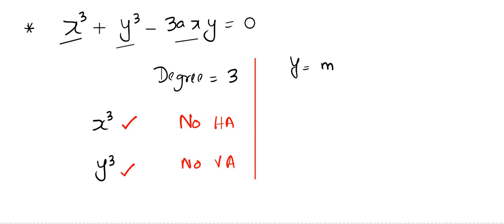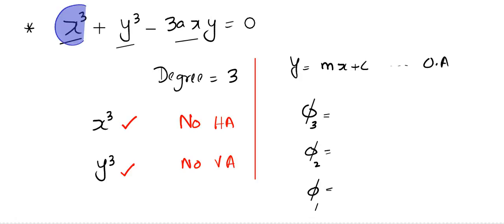So let's go for it. Let y equal to mx plus c be an oblique asymptote. Now look at this. What are we going to find? Phi 3, phi 2, phi 1. Phi 3 means, I'll circle it for you, degree 3, degree 3, degree 2, so I'm not taking that. So I have to put x equal to 1, y equal to m. That will be 1 cube plus m cube. Now phi 2 means degree 2.